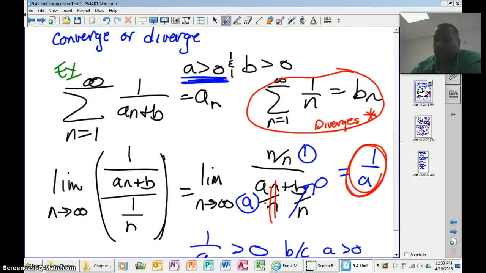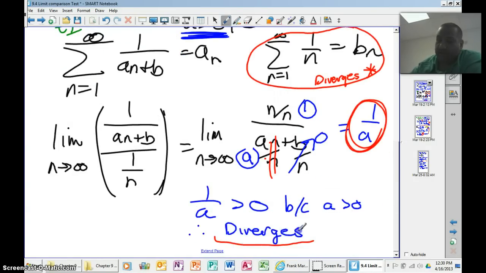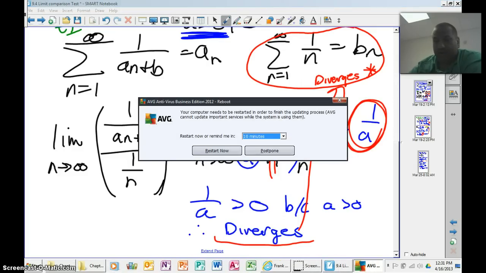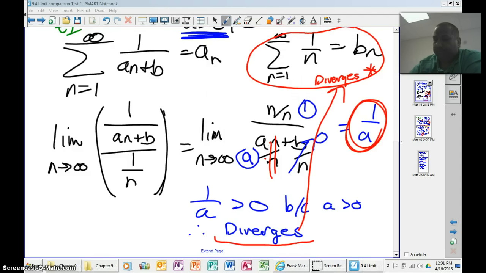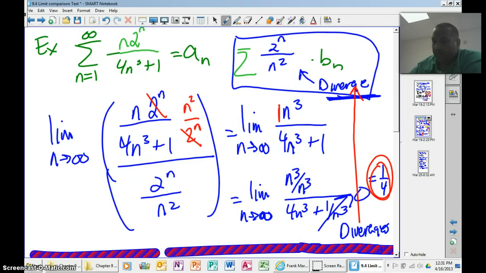So this one will diverge and follow that. So basically, you're choosing something, and you have to know whether b of n diverges or converges. If you know that, then when you divide them, if you get something greater than 0, it'll follow whatever b of n is.